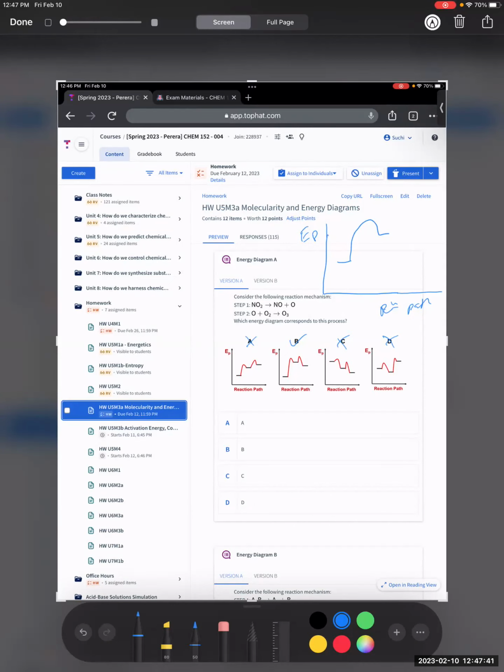Okay, and also if you look at the overall reaction, it seems to be an endothermic reaction. The reason is, if you add these up, the oxygen is cancelling out because it's an intermediate, and we have NO2 reacting with oxygen to go to NO and O3.